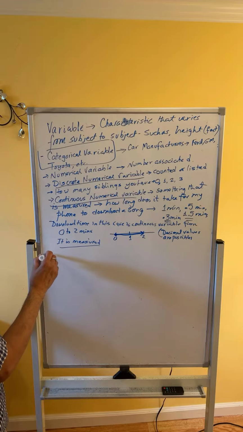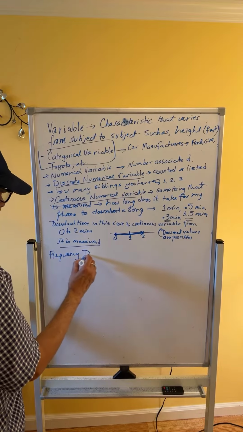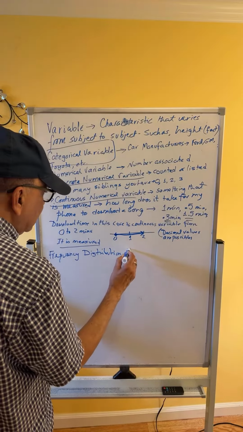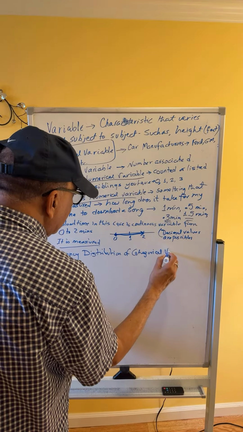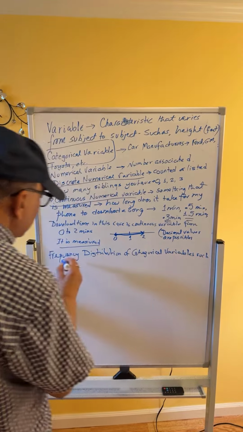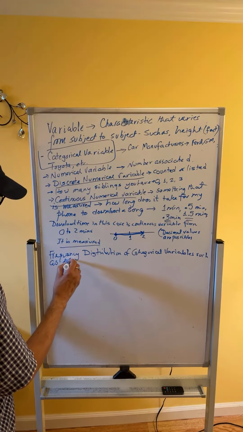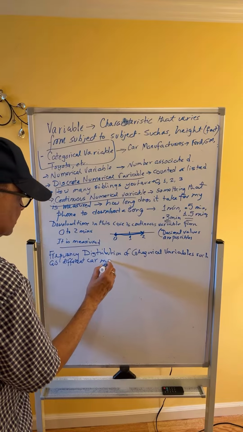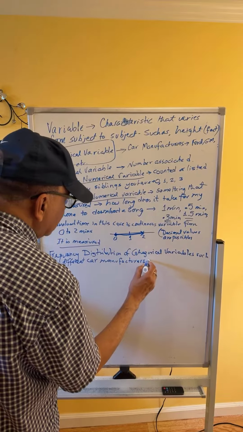So you make a frequency distribution of categorical variables, such as different car manufacturers in the parking lot.